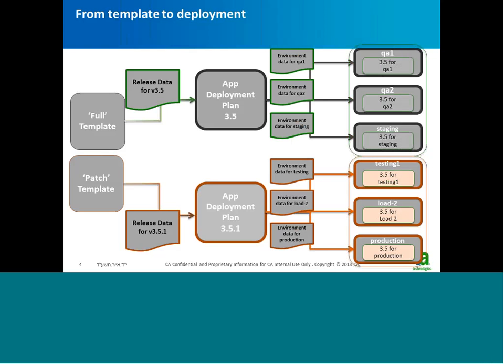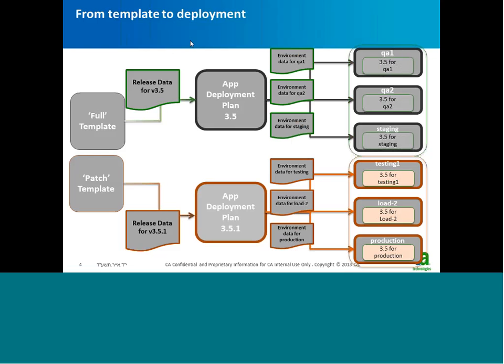You can see that we have deployed the 3.5 content to the QA1, QA2, and staging environments. The only difference between those three deployments is the environment data, because we use the same logic and the same content, the same set of artifacts.